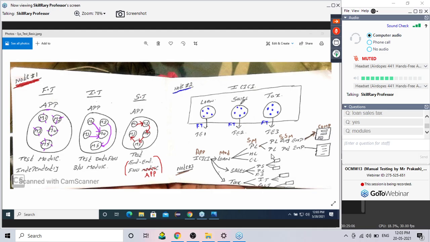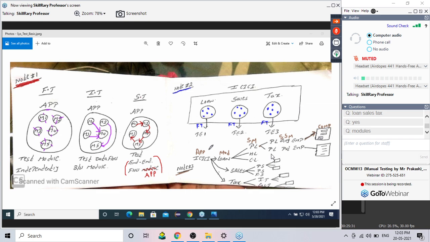He should assign both the modules to one person only. Otherwise, accountability will not be there. Boss, if these two are dependent on each other, you cannot give it to two persons. You have to give it to one person only and ask that person to test both modules.